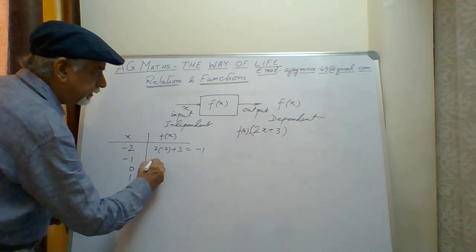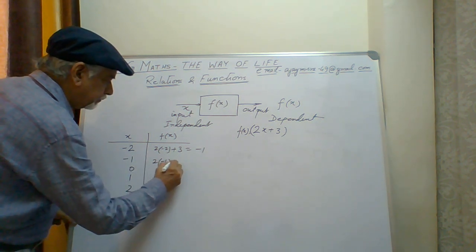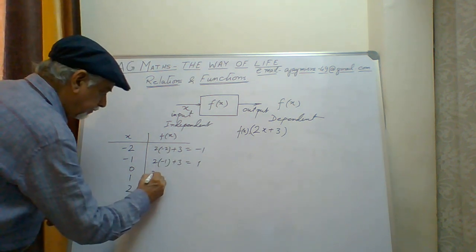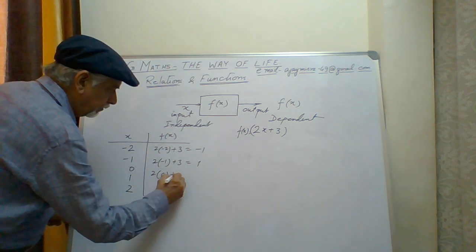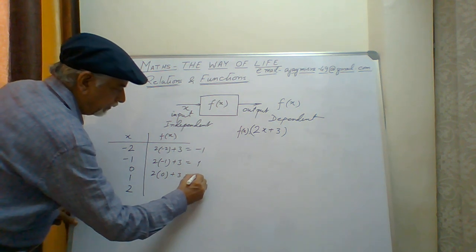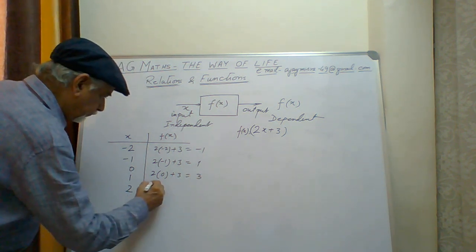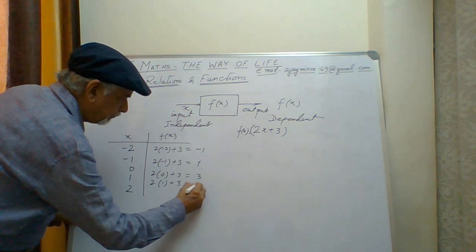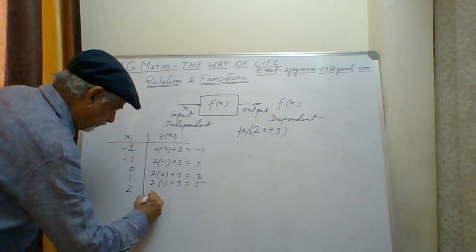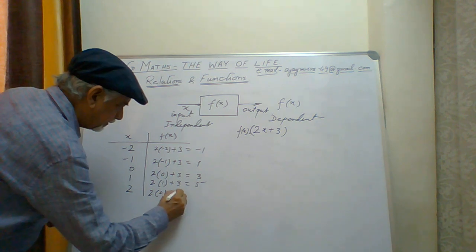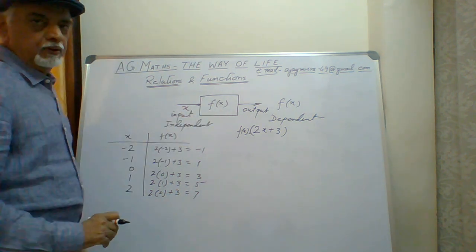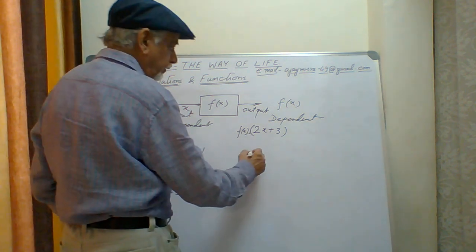Minus 1, if I put here, it is 2 into minus 1 plus 3, which gives me a positive 1. 0 will give me a value of 3 only. When I put 1, 2 into 1 plus 3 will give me 5, and 2 into 2 plus 3 will give me 7.